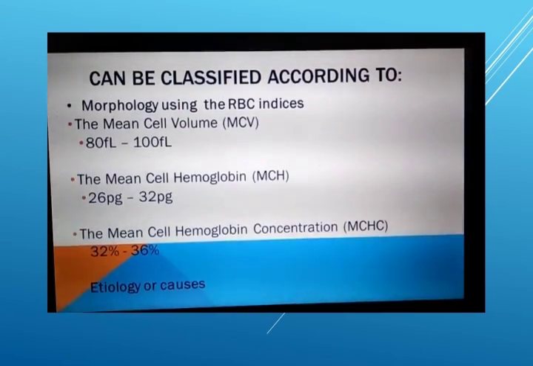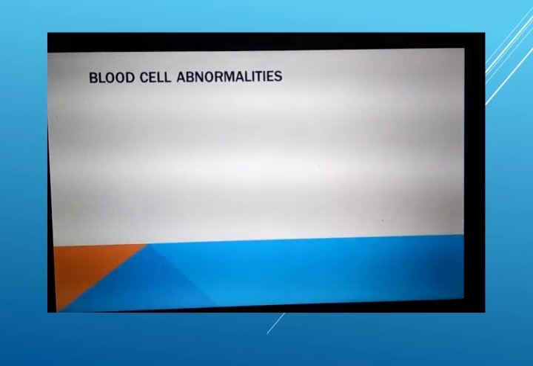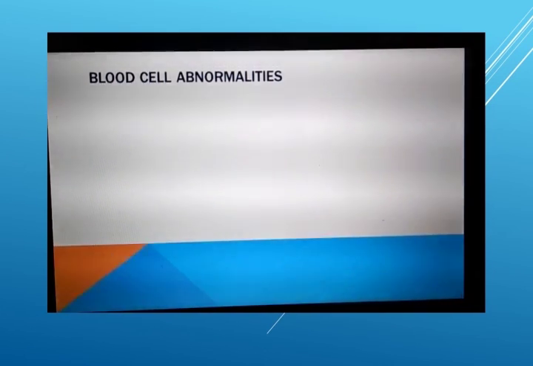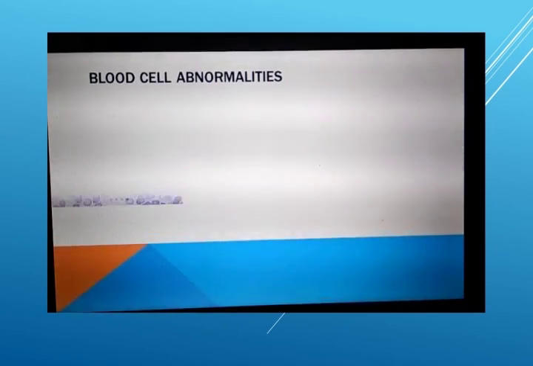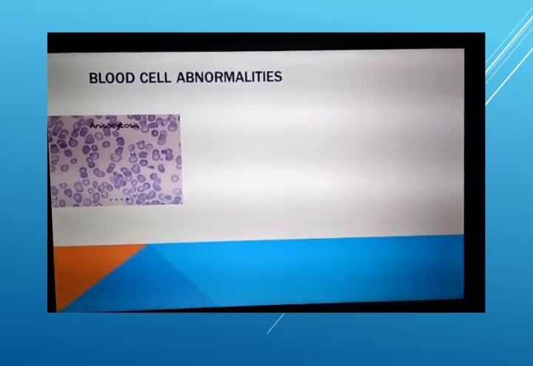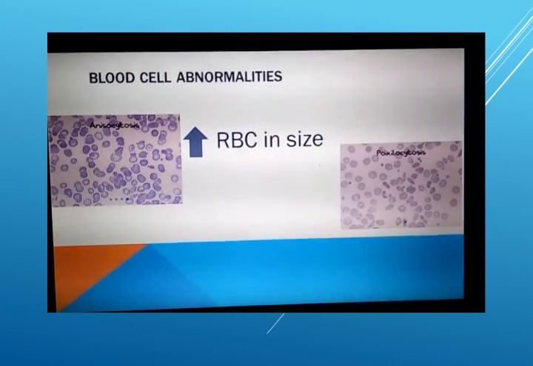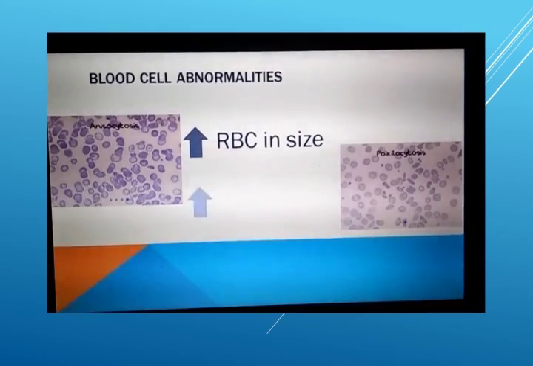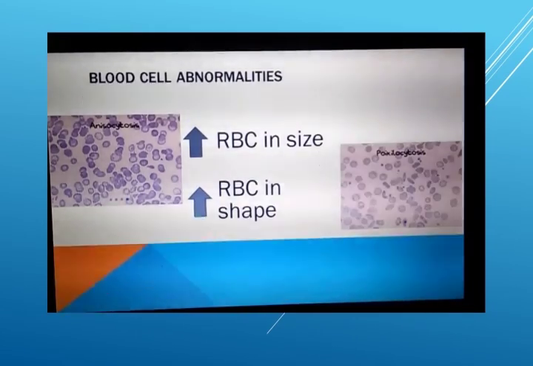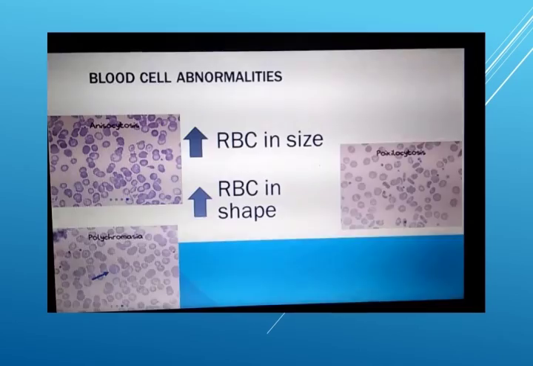Now, let's talk about the blood cell abnormalities. Blood cell abnormalities have three types. The anisocytosis, which is an increase in the RBC size, and next is poikilocytosis, which is an increase in RBC variation in shape, and polychromasia.